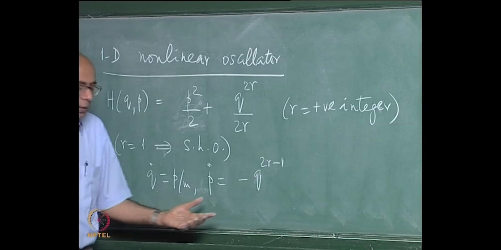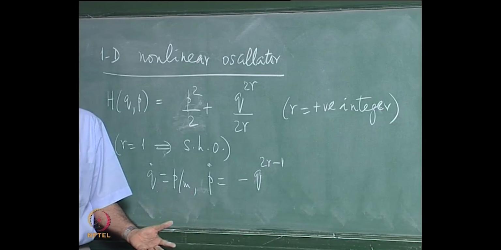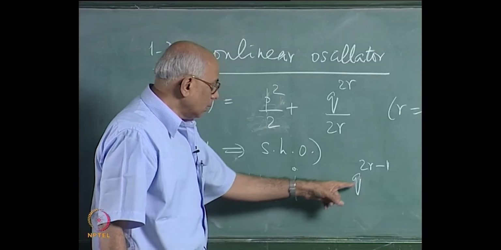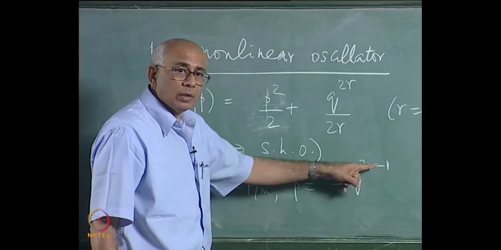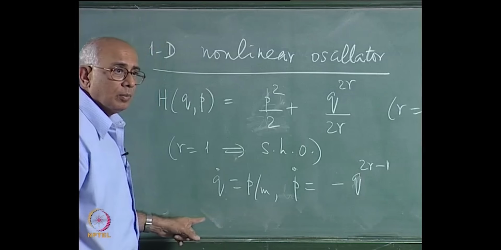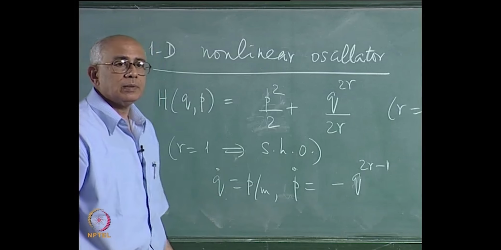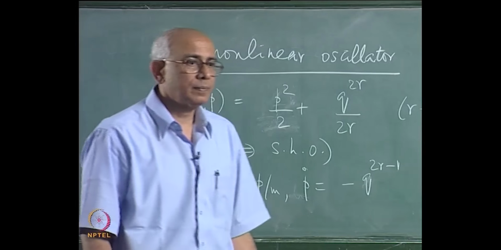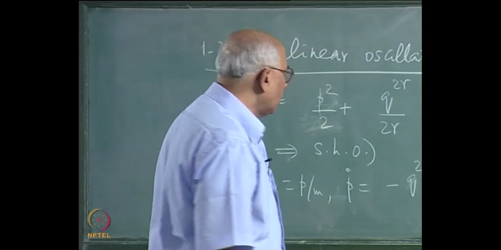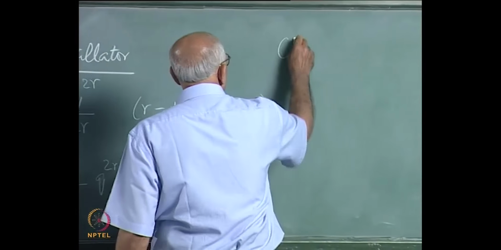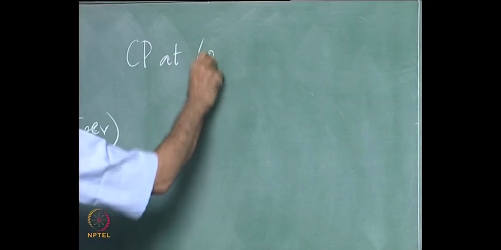If r is greater than 1, it is clear this is a nonlinear system and a badly nonlinear one, because if r is 2 for example, this is already a q cube term and you can't linearize about the origin. Where are the critical points? The origin is the only critical point, at 0 0.